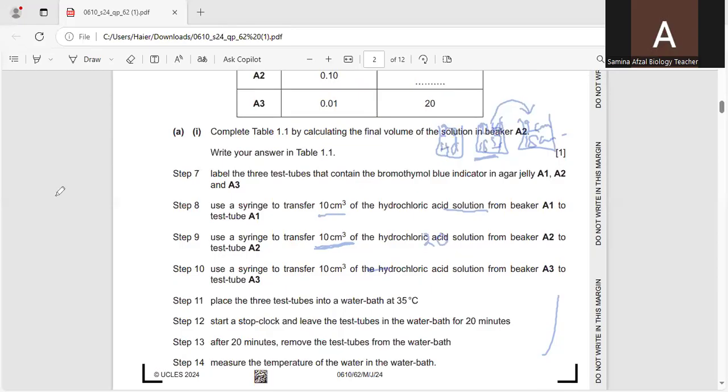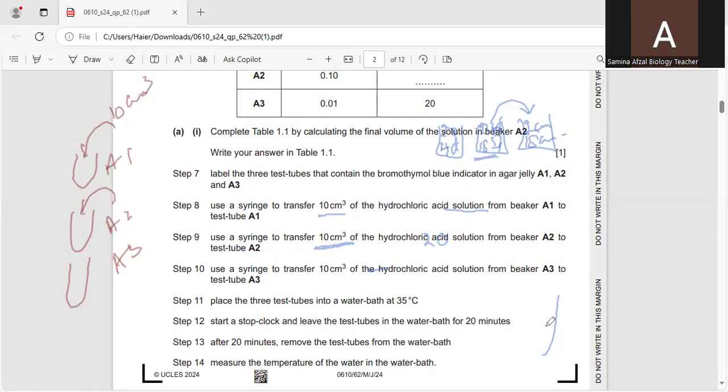Now we have completed this table. Next, label the 3 test tubes. Now there will be 3 test tubes A1, A2 and A3. In A1, the solution from the beaker A1 was added, 10 cubic centimeter.